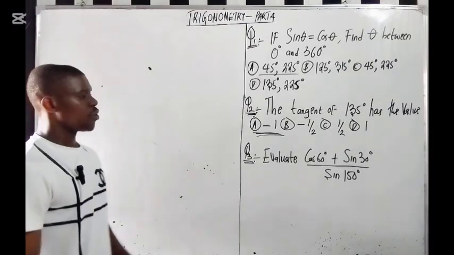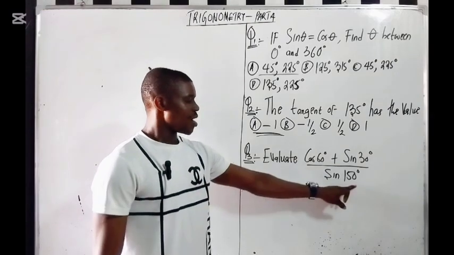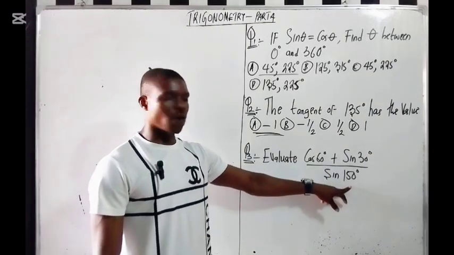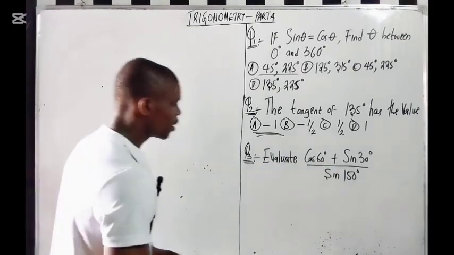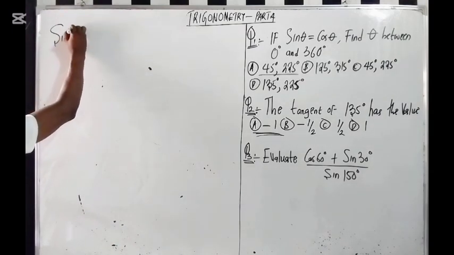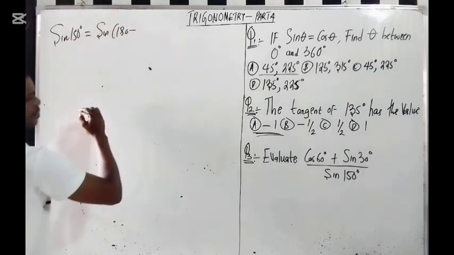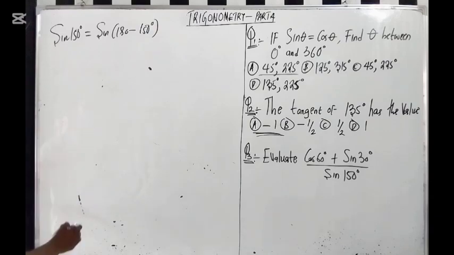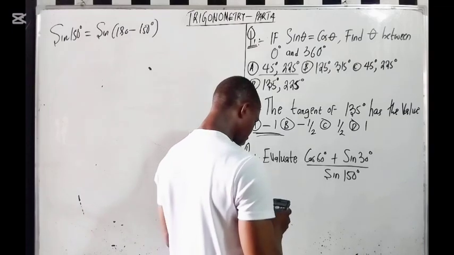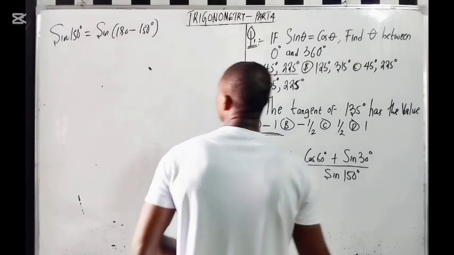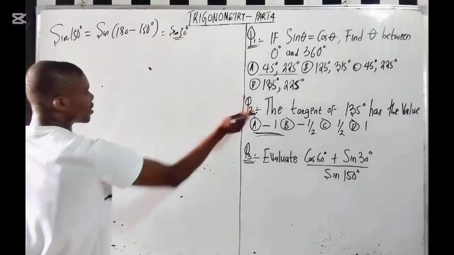If you look at the third one here, we have cos 60 degrees, sine 30 degrees, and here we have sine 150. 150 is in the second quadrant, and in the second quadrant sine theta is positive. So sine 150 degrees equals sine of 180 minus 150 degrees, which is sine 30 degrees.